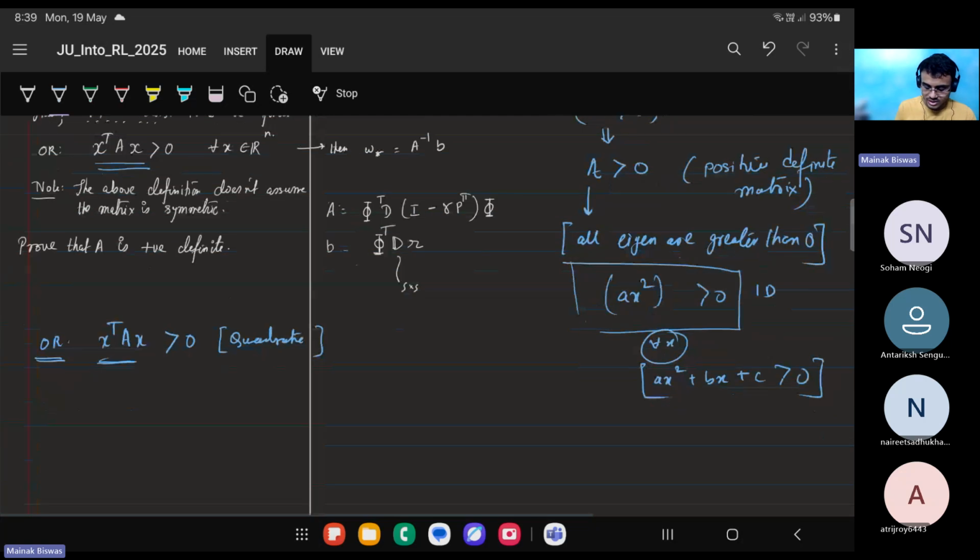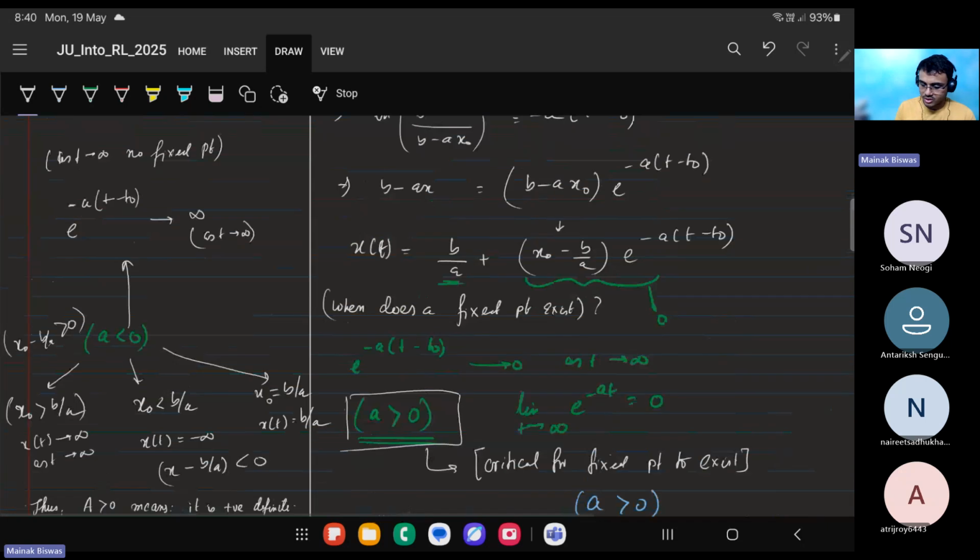So let's write down the definition of A first. What is the definition of A? We'll just do some linear algebra today. So A is phi transpose D (I minus P) phi. If you note this down, it will become much easier for you to remember these terms.